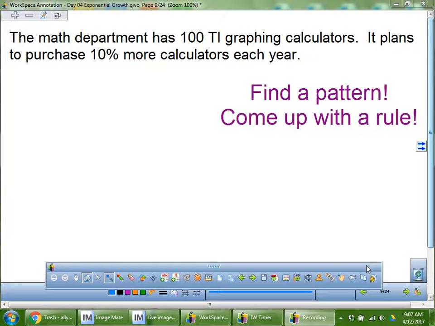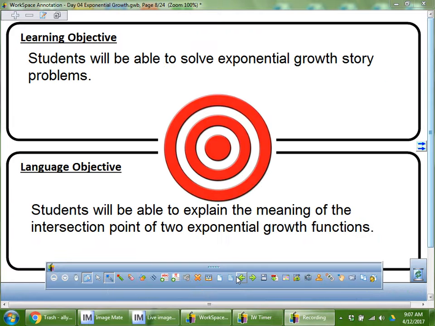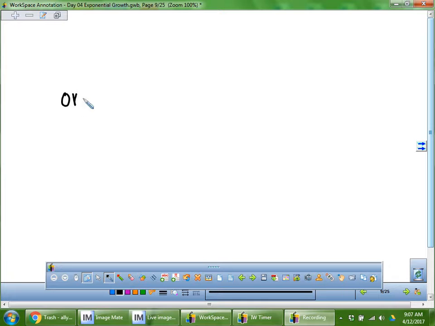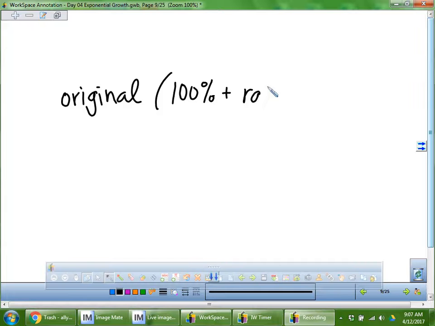We need to come up with a formula. This is almost our formula where we have the original price, or the original amount, times 100% plus the rate.